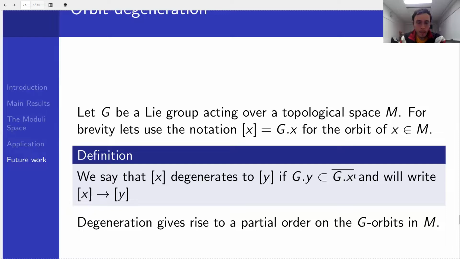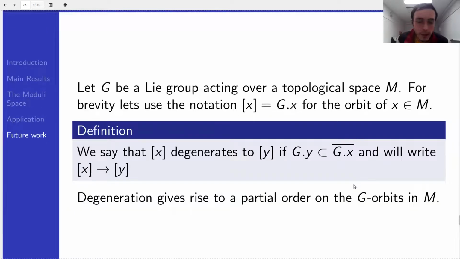So degeneration gives rise to a partial order of the orbits. It's also related to the dimension: if one orbit degenerates into the other, then the dimension is also less.